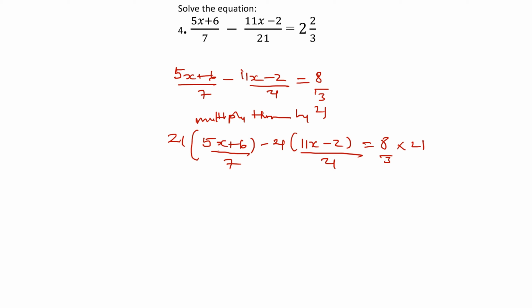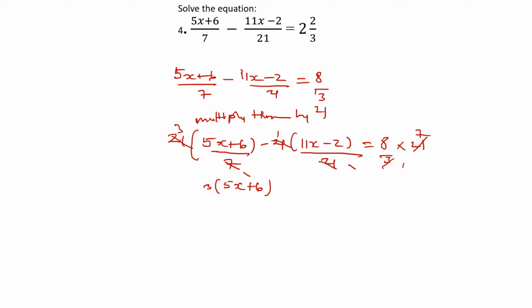So here 7 cancels itself and 7 into 21 is 3 times. 21 into itself 1, 21 here is 1. So we are left with minus 1. 3 into itself 1, 3 into 21 is 7 times. So here we are left with 3 bracket opens 5x plus 6.